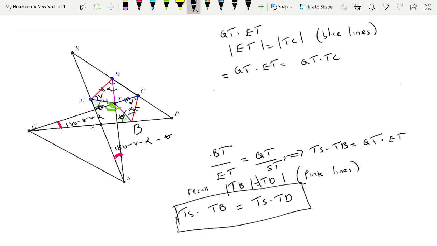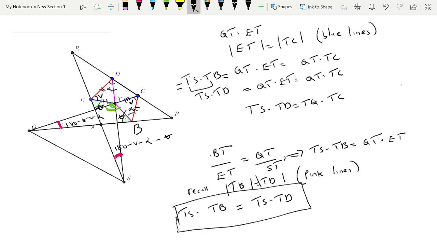So TS times TB equals TS times TD, and this equals QT times ET, which is QT times TC. That means TS times TD equals TQ times TC.